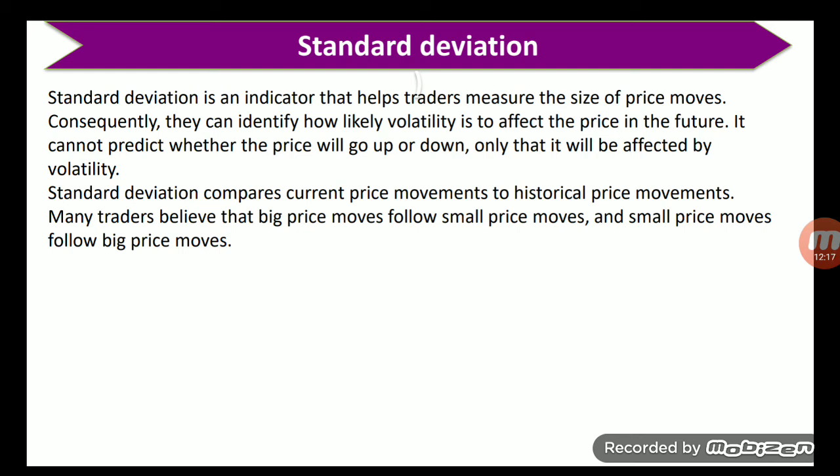It is used in technical analysis to identify how likely volatility is to affect the price in the future. It cannot predict whether the price will go up or down, only that it will be affected by the volatility. So standard deviation compares current price movement to historical price movement.